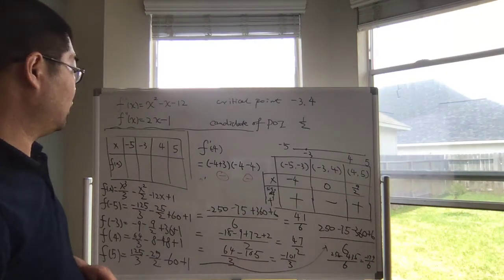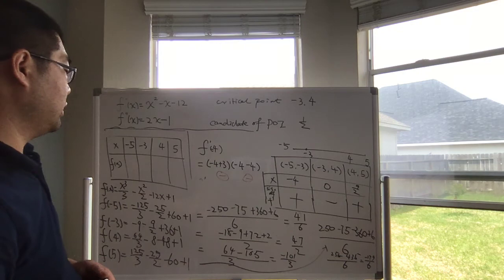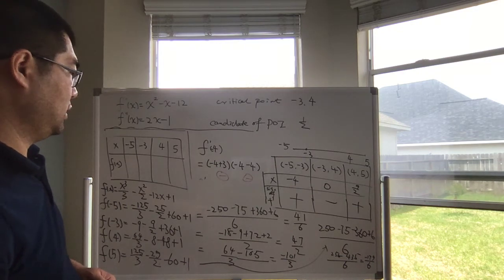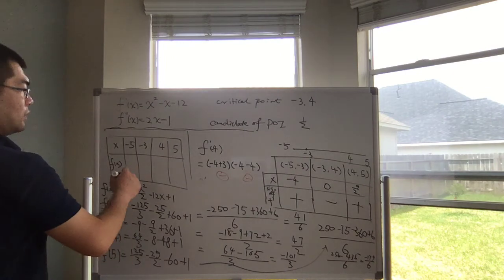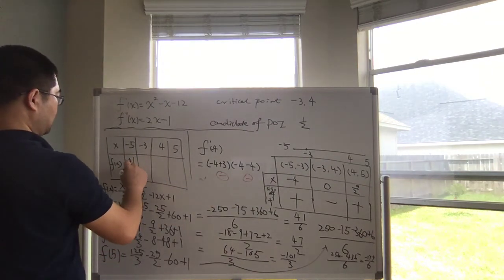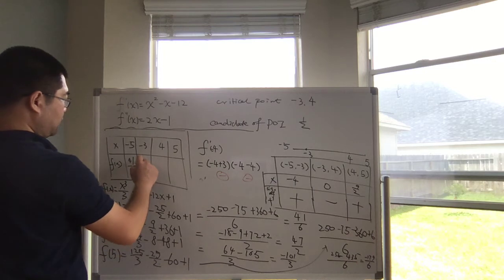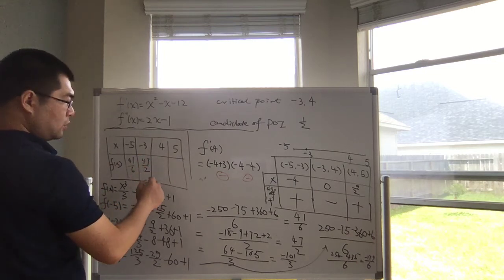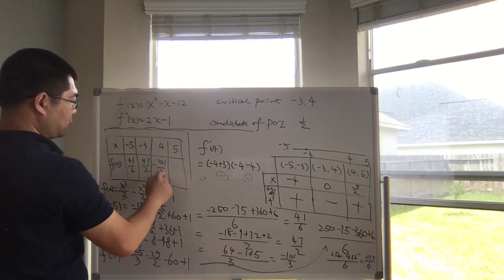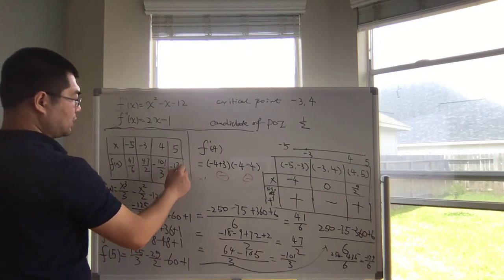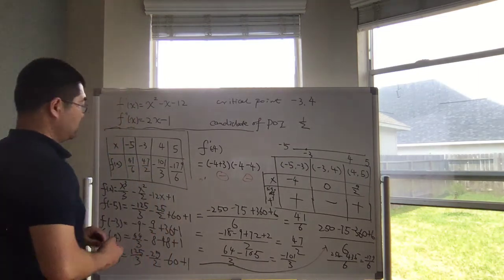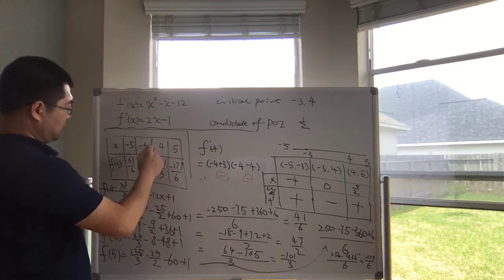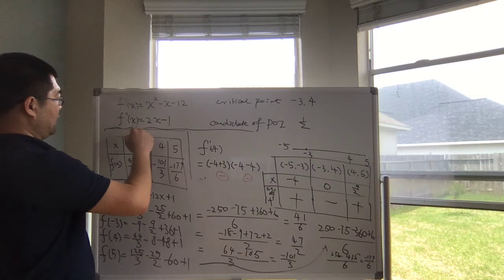So a lot of work here, and right now we can find the winner. We have 41 over 6, 47 over 2, negative 101 over 3, negative 179 over 6. And here's the winner. Obviously at x equals negative 3, you have the absolute max.